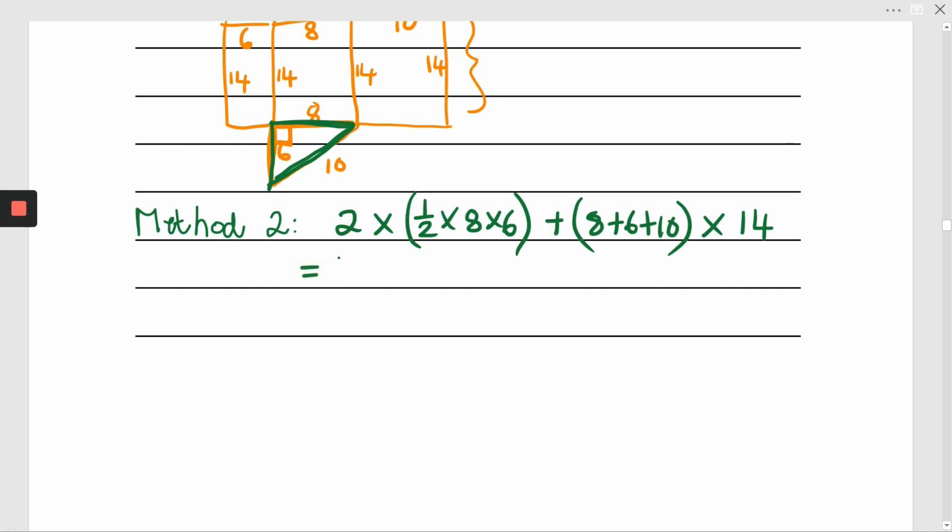So this will give me, again, the 48. And here I'm going to have, these give me 24 times 14, which is 336. And that still gives me 384 square centimeters.